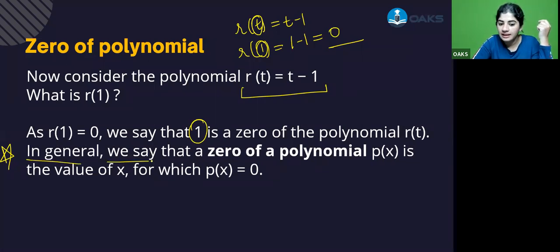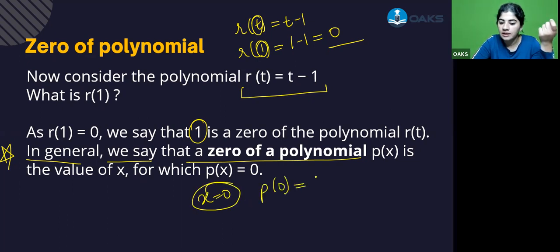Just listen to me once again. In general, we say that a 0 of a polynomial p(x) is the value of x for which p(x) is equal to 0. It could be x is equal to 0: you put x is equal to 0 and p(0) comes as 0. Then 0 is the 0 of the polynomial. Do not get confused with that.